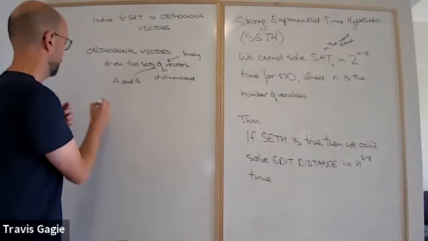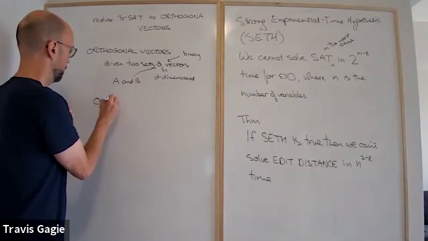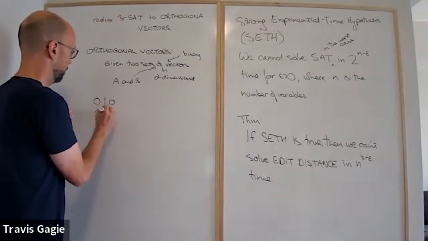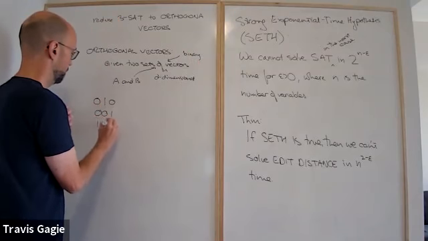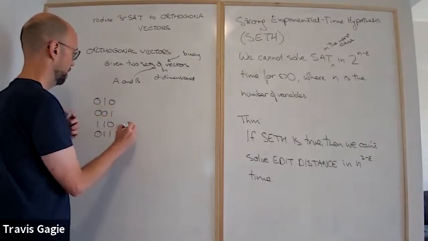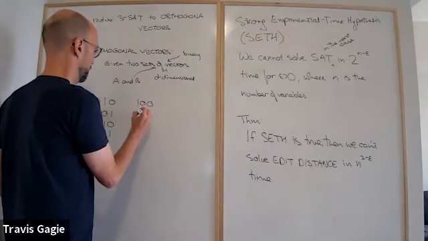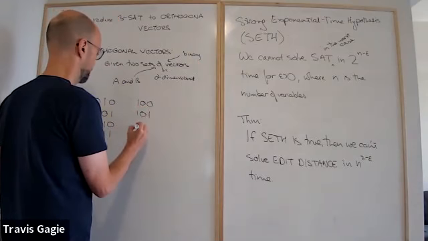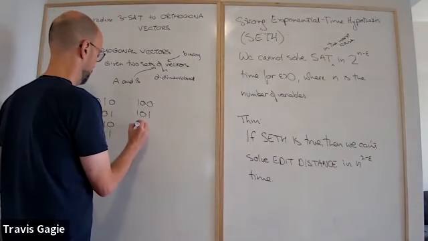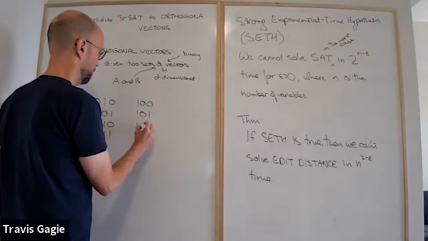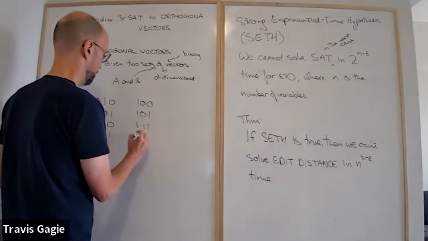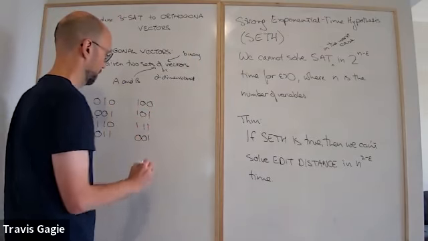So for example, maybe you get 0, 1, 0, 0, 0, 1, 1, 1, 0, 0, 1, 1. And you get 1, 0, 0, 1, 0, 1, 1, 1, 1, and 0, 0, 0, 0, 1.